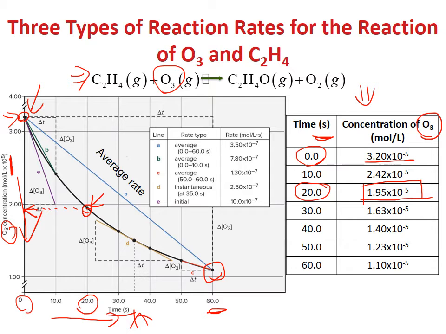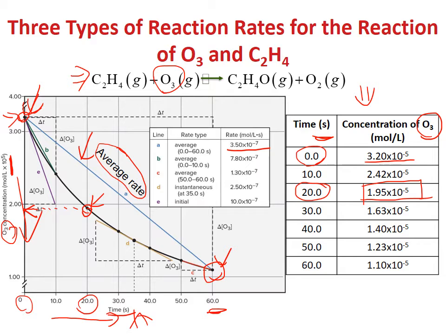This rate is called average rate. In mathematics, we can calculate the slope of the line that passes these 2 points, the first point and the last point. That slope is the average rate of the whole process. In this case, it is 3.5 times 10 to the minus 7.